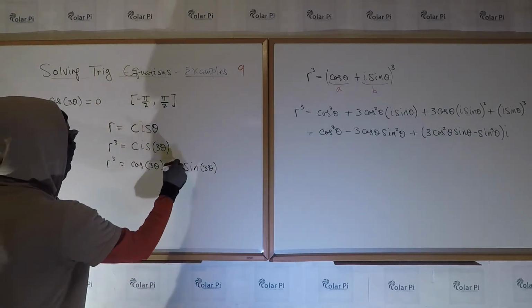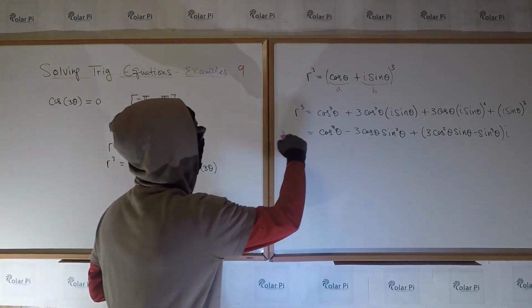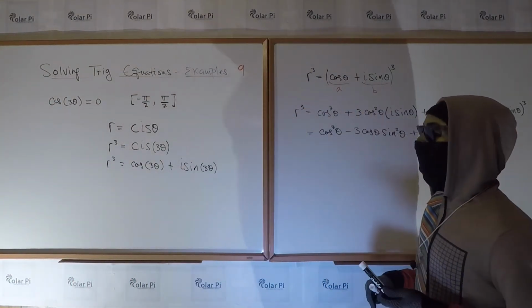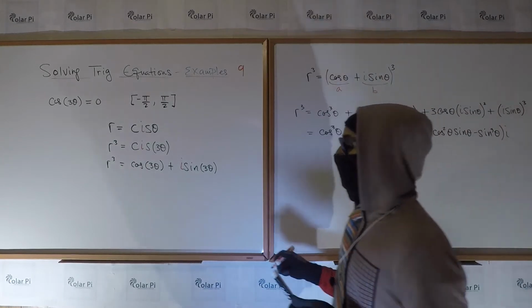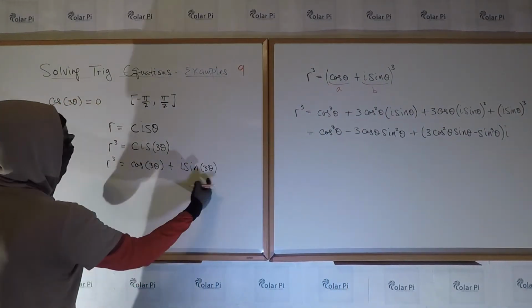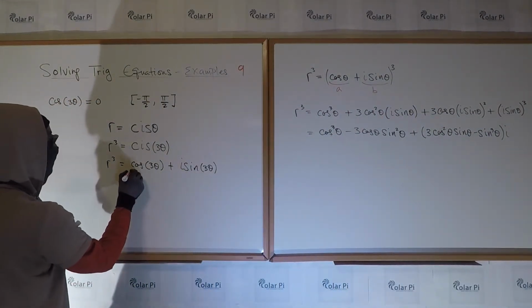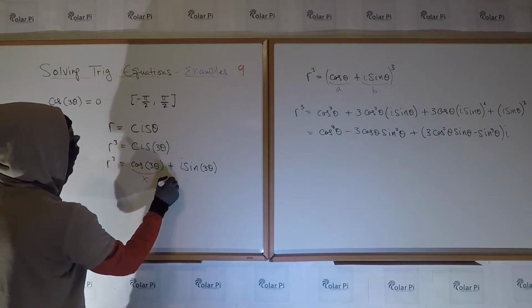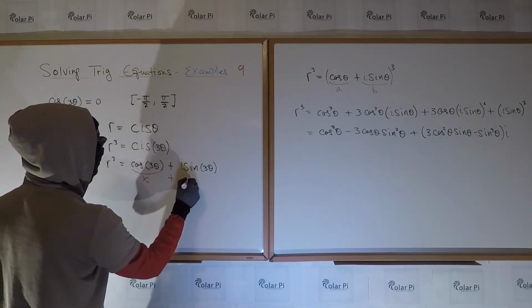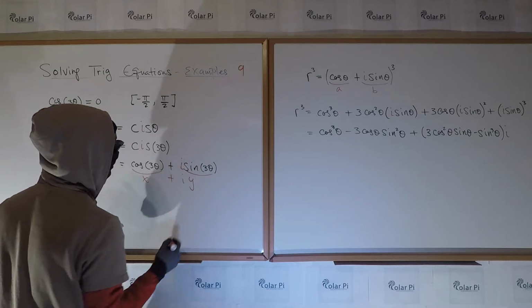And R is the same here and before we cubed it here, right? And therefore, if we write this complex number here in standard form, we can say that this is x plus i times y, where this is y.